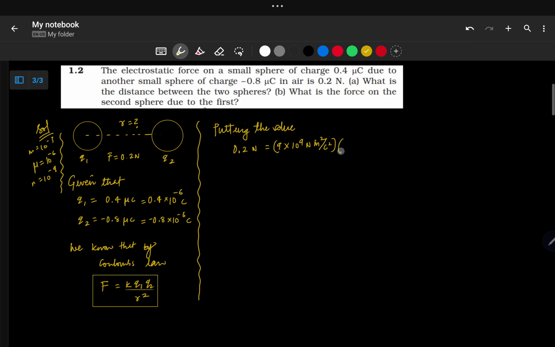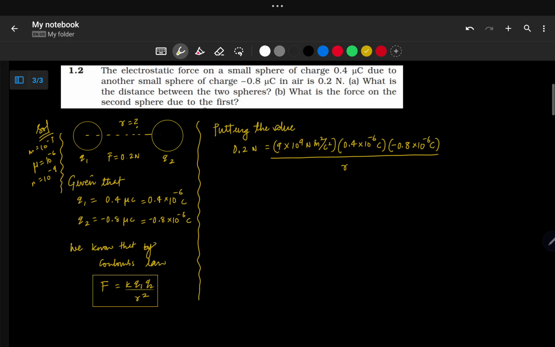Then q1 is going to be 0.4 into 10 to the power minus 6 coulomb, and the other charge q2 is going to be minus 0.8 into 10 to the power minus 6 coulomb, right?